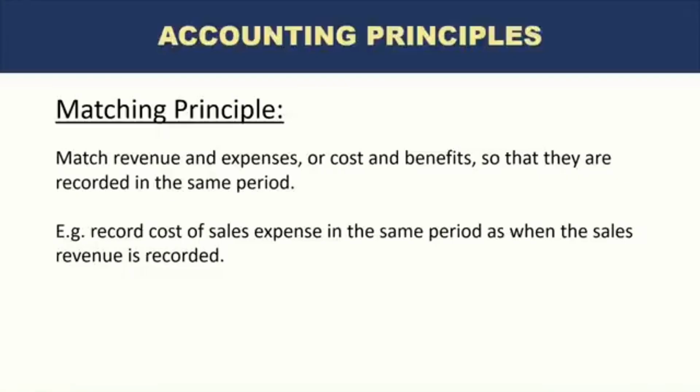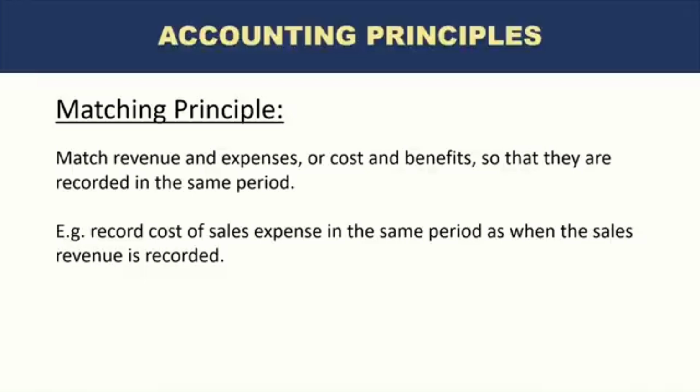Okay. So in the month of January, we will not record any cost of sales, although we did purchase those mobile phones and we actually even paid for them. But they will be recorded as inventory, which is not an expense yet. They will be recorded as an asset, an inventory. This is not an expense. And this asset will only be converted into expense when the actual sales happen.